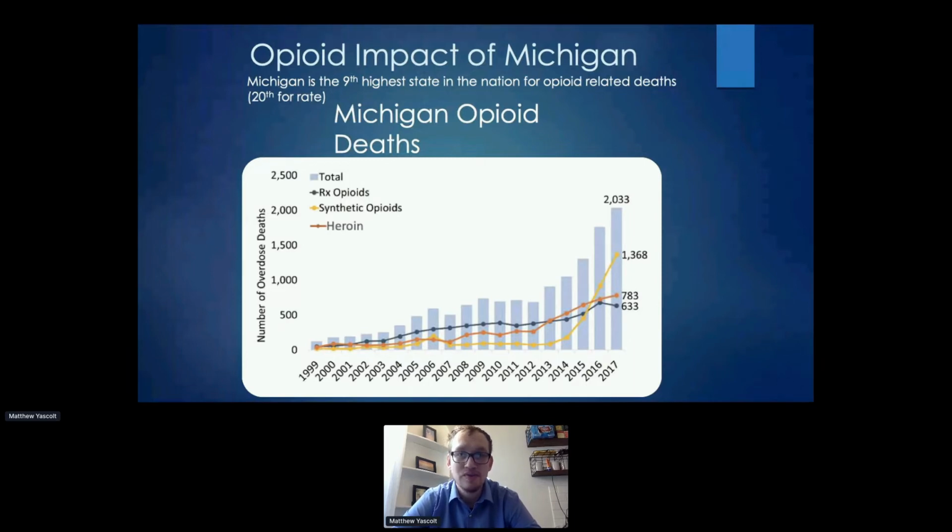Fentanyl is used in human application for surgeries and for hospice care, if it's elected. Carfentanil has no human application. I mean, it's not that these drugs are being diverted from pharmacies. It's that they're illicitly being produced overseas and then shipped into the United States.